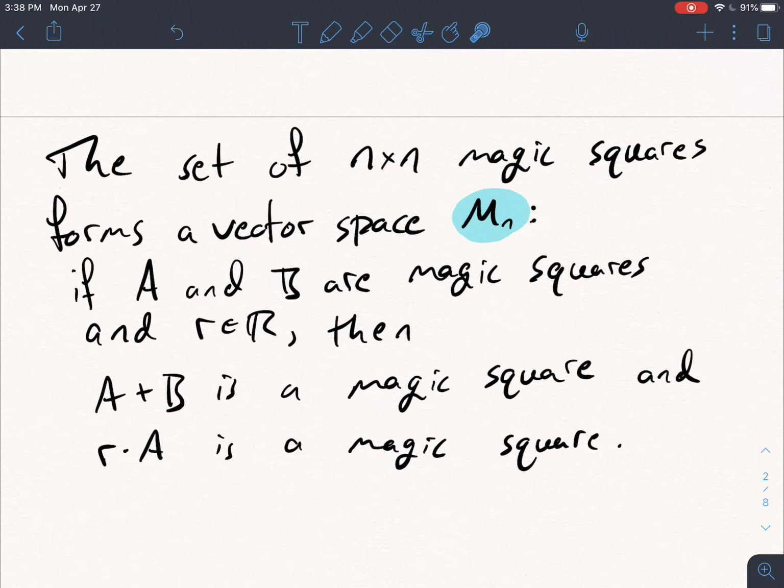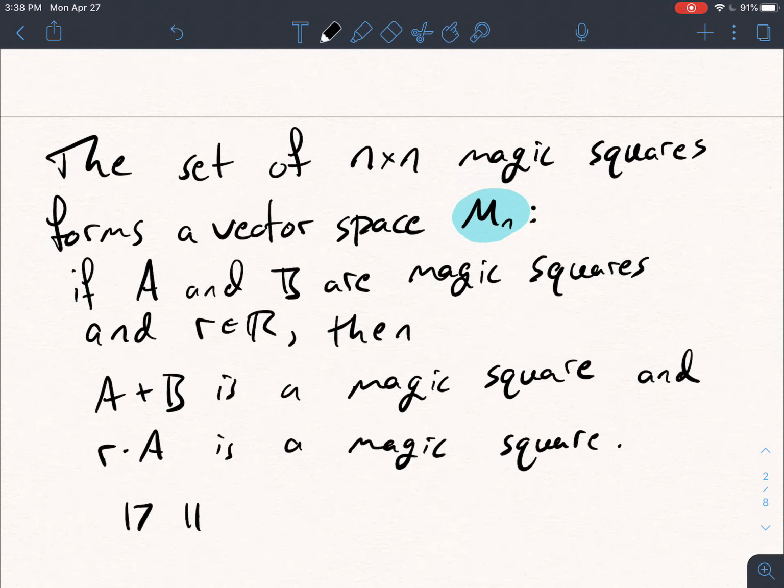Why are these things true? Well, if a and b are magic squares, then each row, each column, and each diagonal of a, and similarly for b, are going to add to the same magic number.